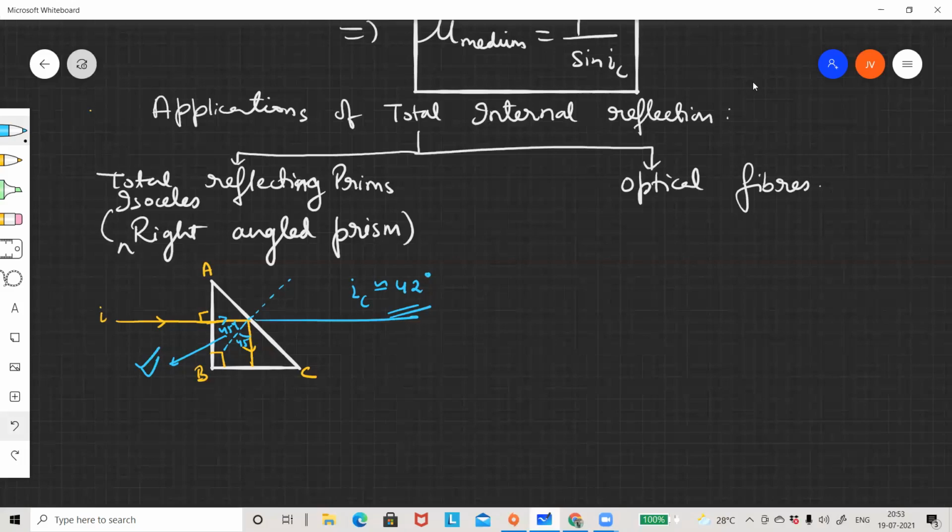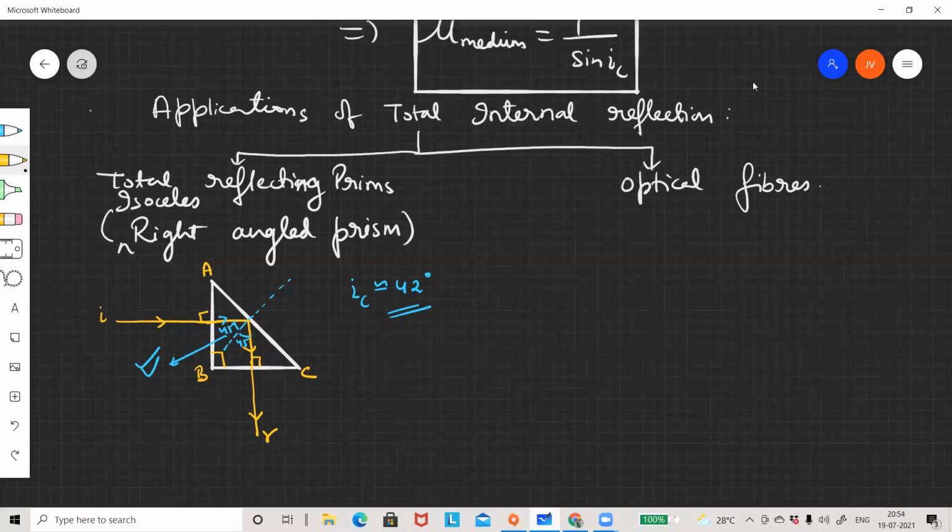It won't exit. It undergoes internal reflection, and the ray of light is incident on side BC perpendicularly, so it just exits. This is the final refracted ray, and in this process total internal reflection occurs. The point is that a ray incident on AB perpendicularly hits AC at 45 degrees.